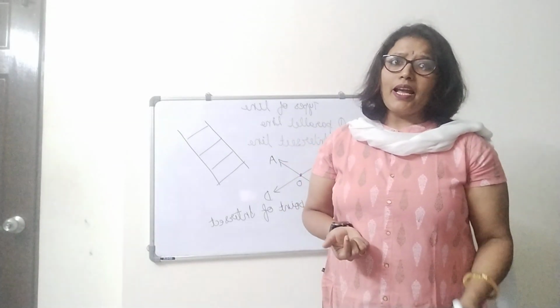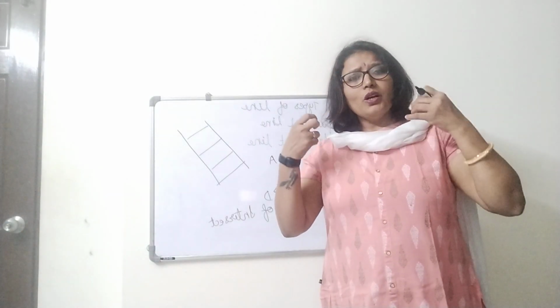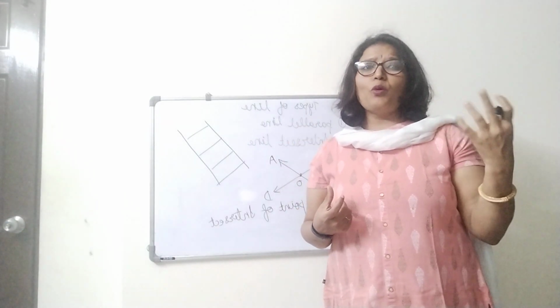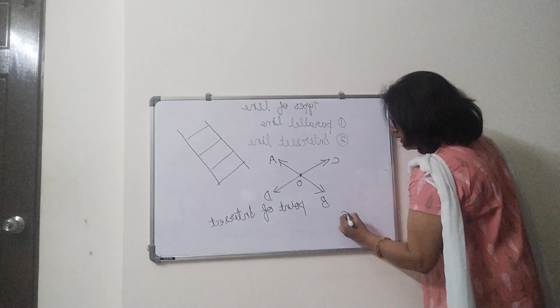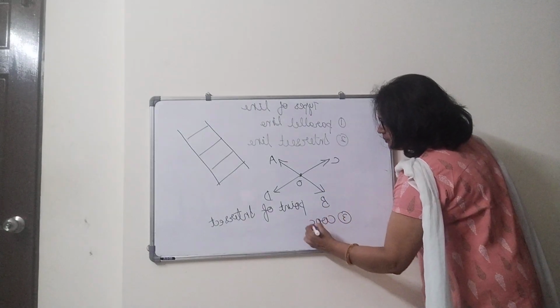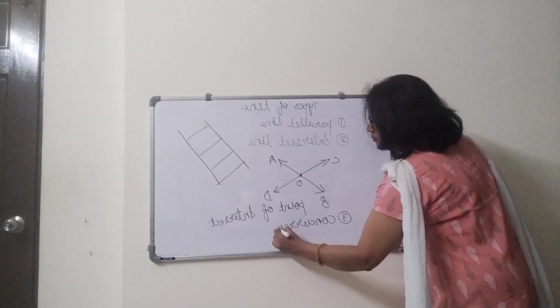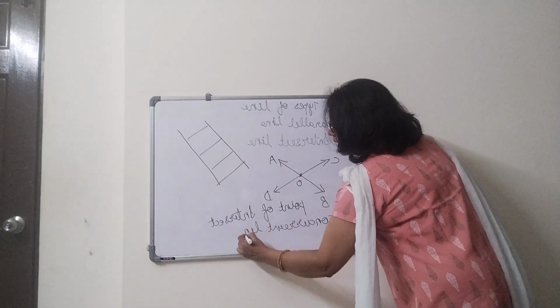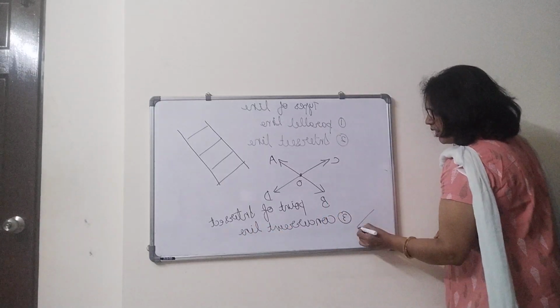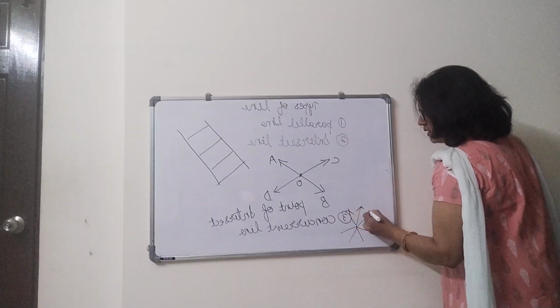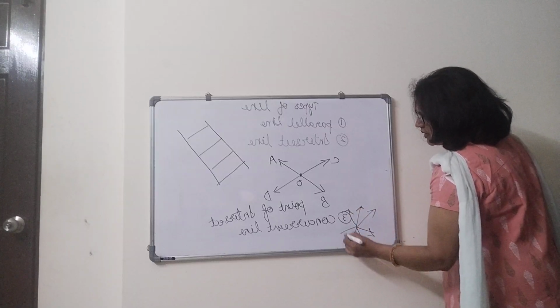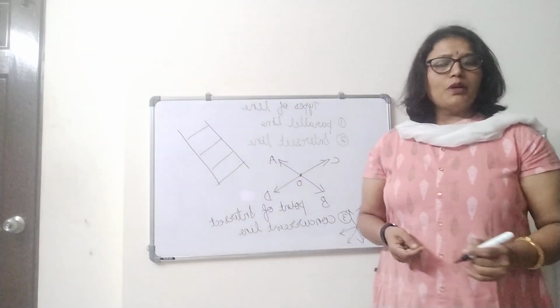The third one is concurrent lines, which means three or four or more lines we can draw using a common point.